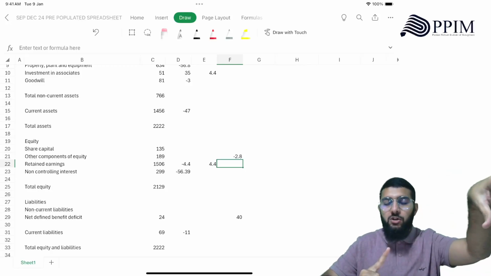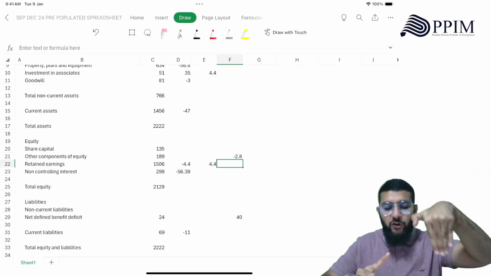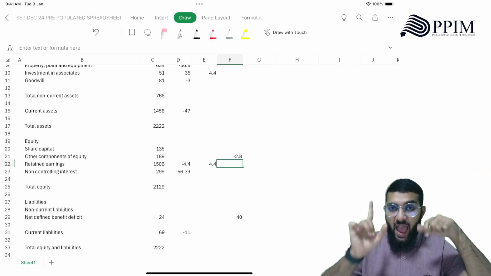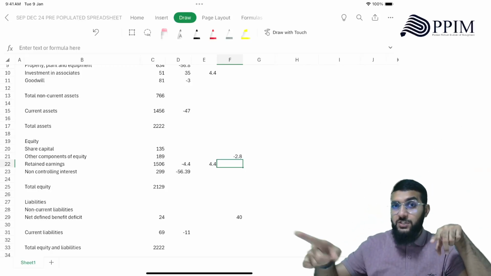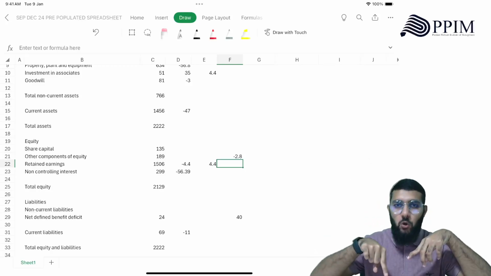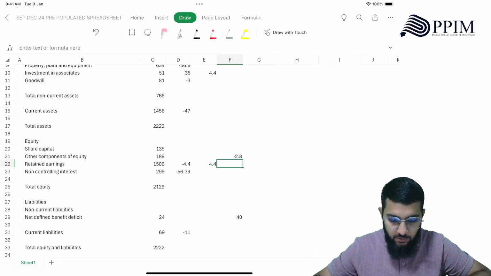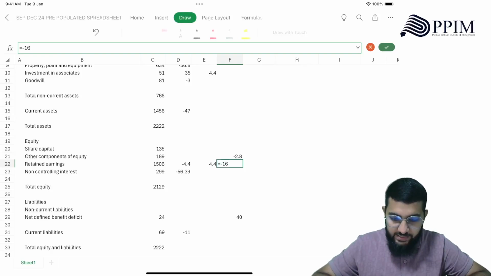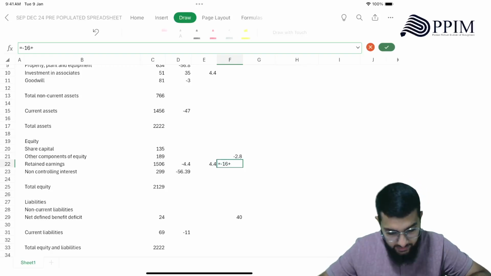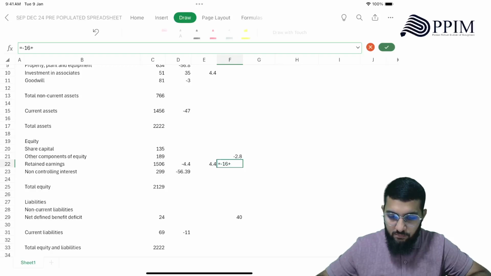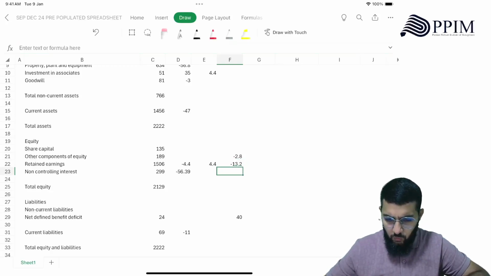It's a cost on your SPL. It's an expense, so you deduct that from your retained earnings. And your contributions, which were expensed, you have to add that back also. Right? So what are the figures? We had minus 16 plus we had minus 1.2 plus 4.